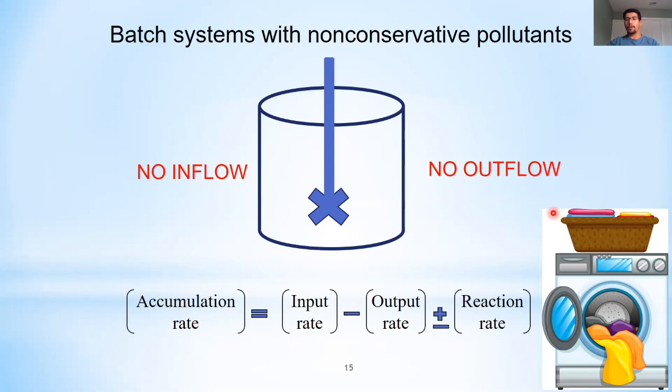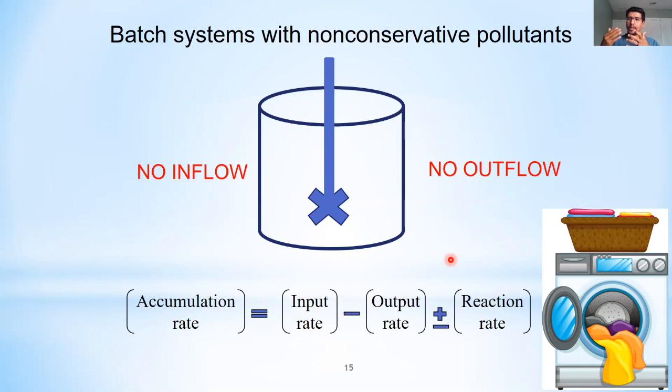You might be wondering why I have this picture of a washing machine here. This is a great example of a batch reactor. We do not have any input, right? We throw the clothes inside the washing machine, fill it with water, and add the detergent. Inside, the surfactants mostly react with the oily part of the clothes and clean them.